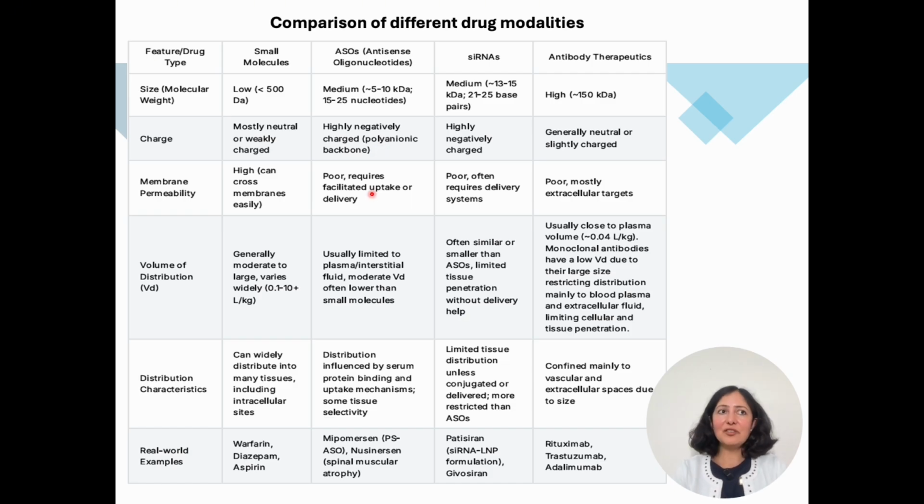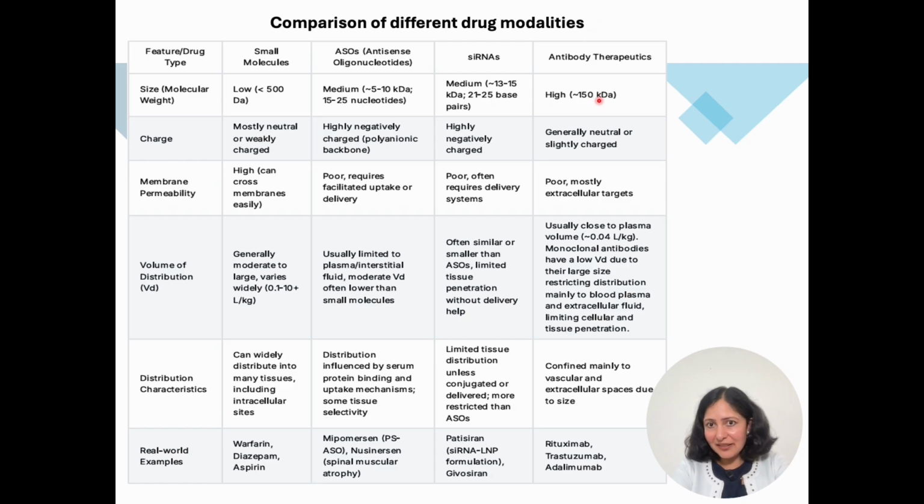Many times these drugs, siRNA, are conjugated, such as GalNAc conjugation, so that it can facilitate the entry into the hepatocytes. Because hepatocytes have ASGPR receptors, and the GalNAc on these siRNA can bind the receptors, and it results in intracellular endocytosis of these siRNA molecules.